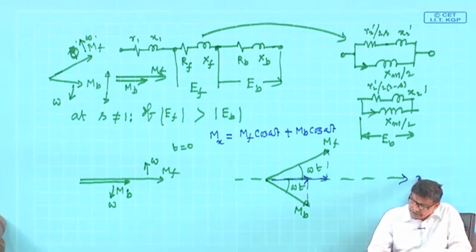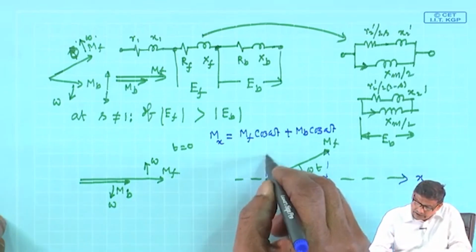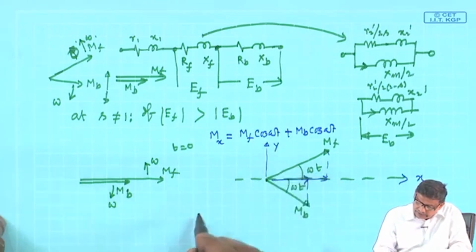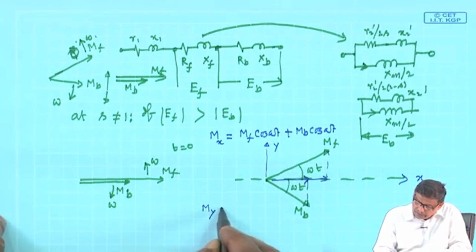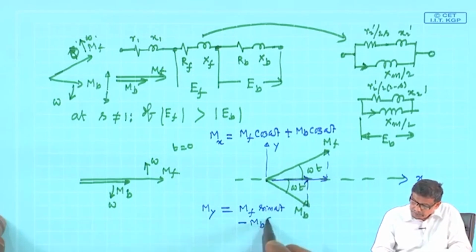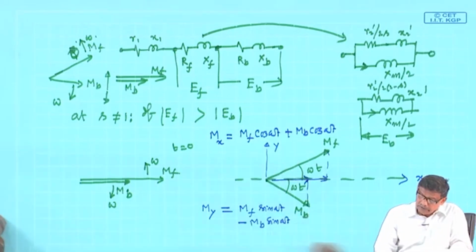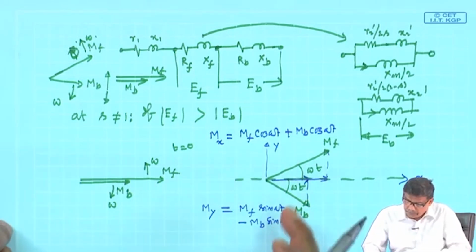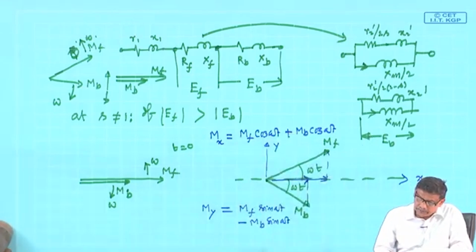Similarly, suppose this is the x axis and this is the y axis, then my y component will be Mf sin omega t minus Mb sin omega t. That is the x coordinate and y coordinate.